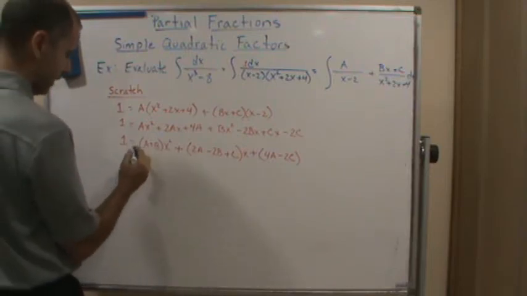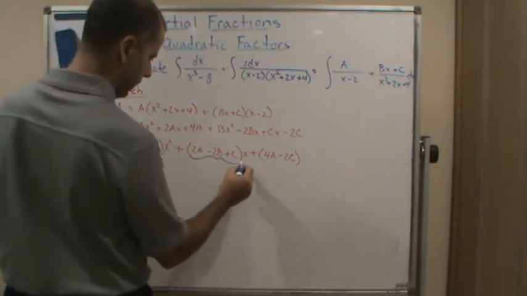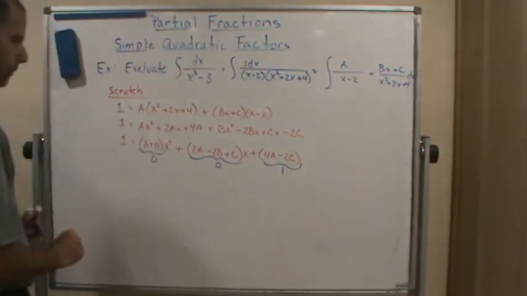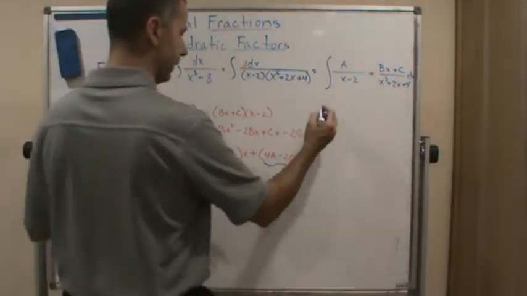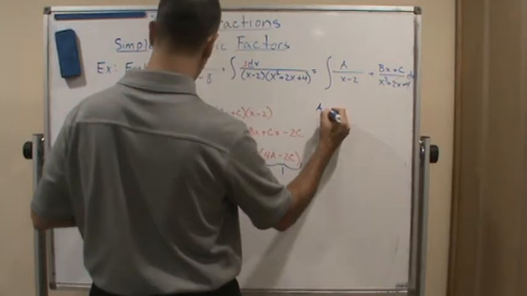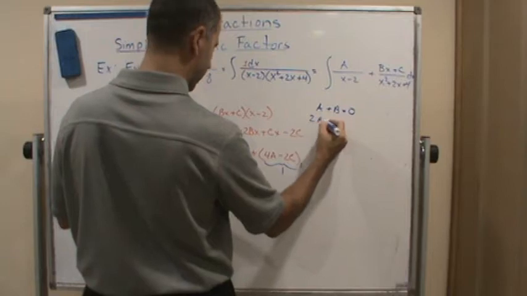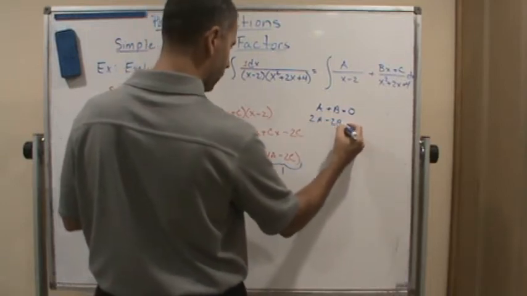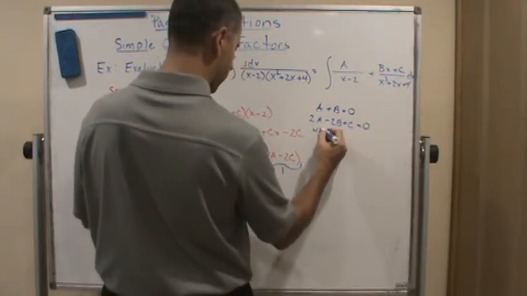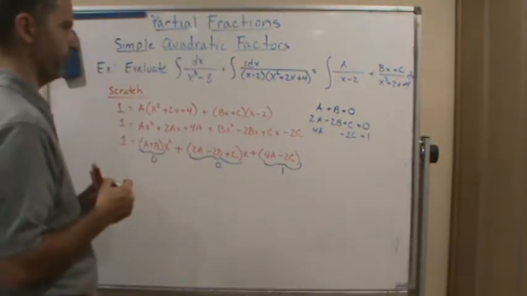So that tells me that the x squared and x coefficients have to be 0, and of course, the constant is equal to 1. So now if I set up my system of equations, I get A plus B equals 0, 2A minus 2B plus C equals 0, and 4A minus 2C equals 1.